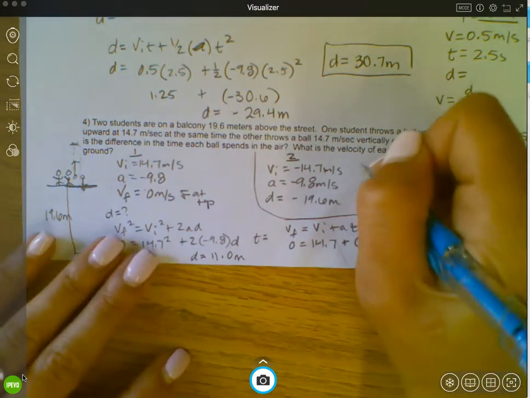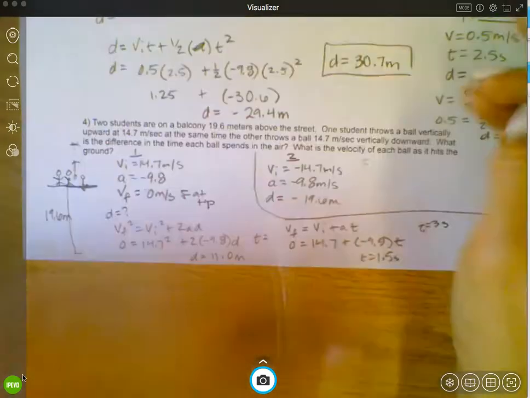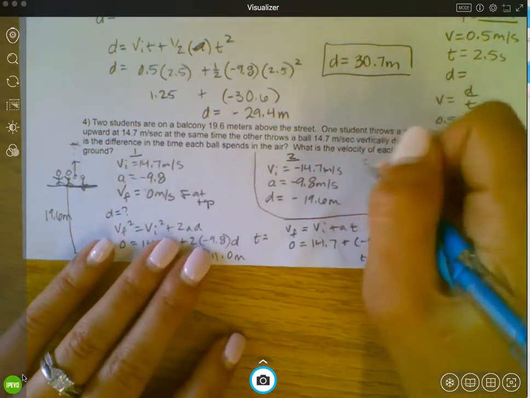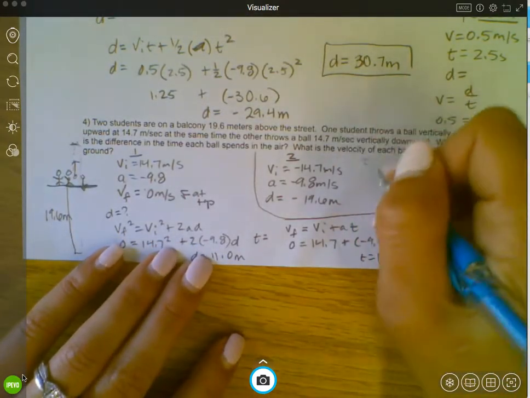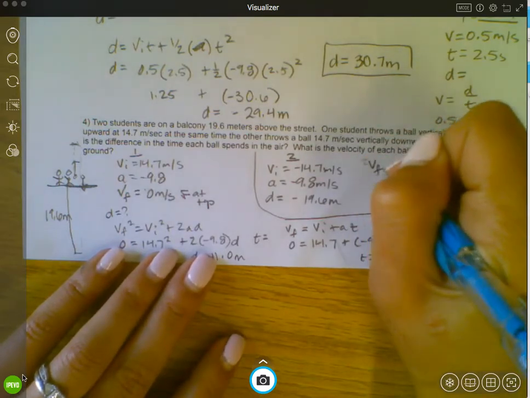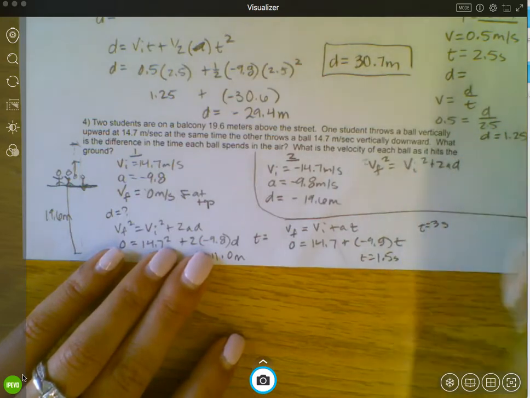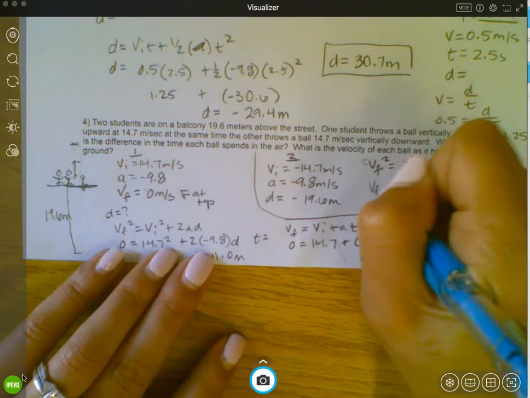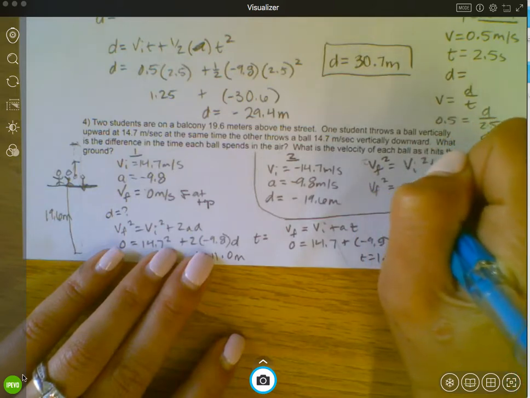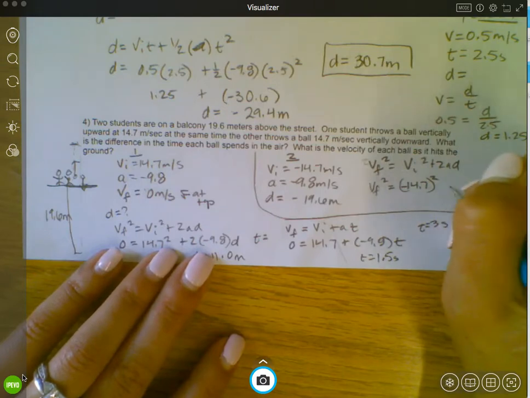Actually, sorry, let's just do final velocity here. And they actually should be the same. So let's see, final velocity would be this equation. So v final squared equals negative 14.7 squared, make sure that the squared includes the negative, plus 2 times negative 9.8 times negative 19.6.